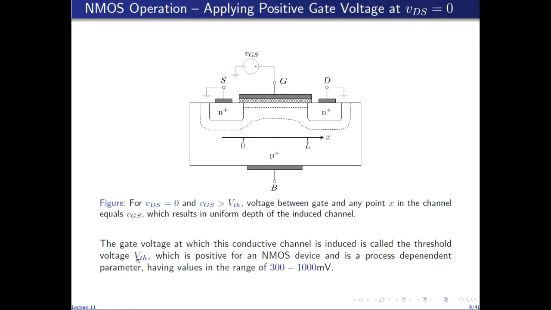This threshold voltage obviously is positive for an NMOS device and is a process dependent parameter whose value is typically in the range of 0.3 to 1 volts.